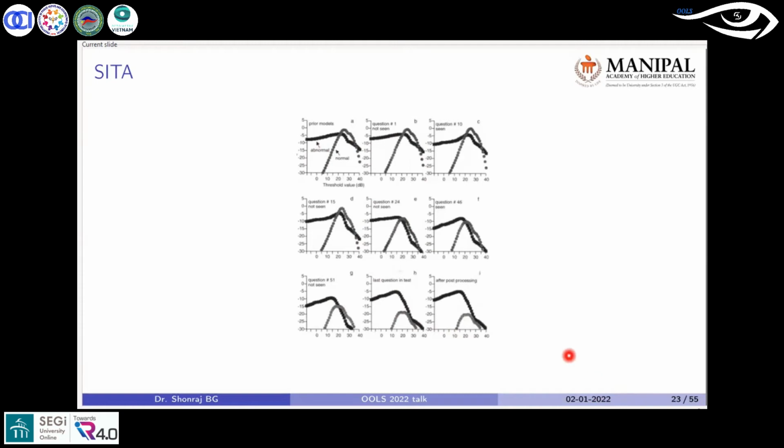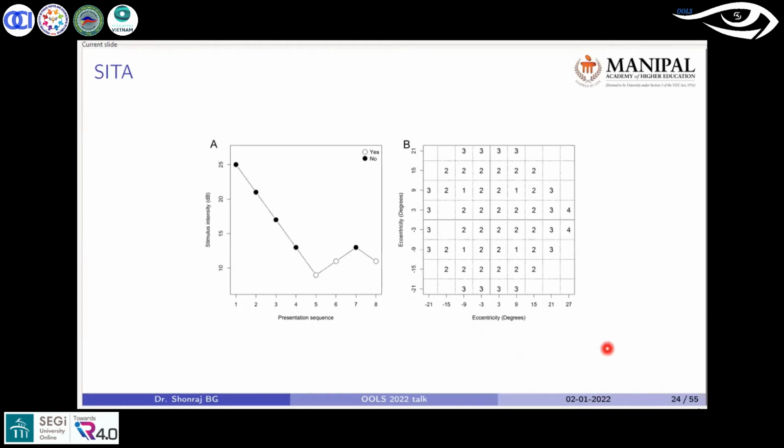It terminates the test procedure when this probability mass function becomes really narrow. Once it becomes narrow, the mean of this probability mass function is taken as the threshold value in CETA. So like I told you, CETA is a combination of both.